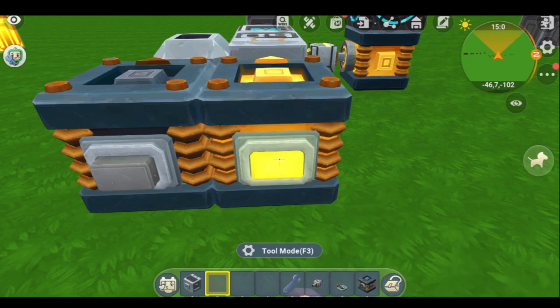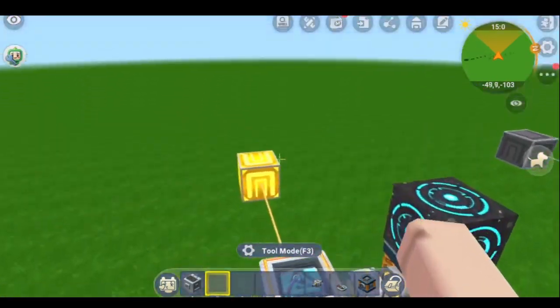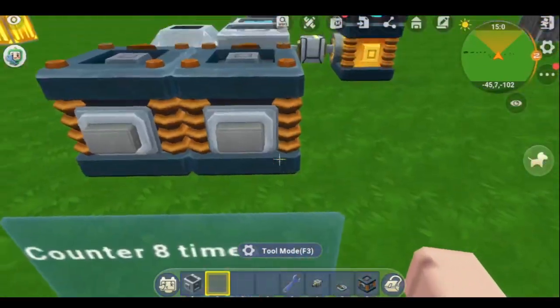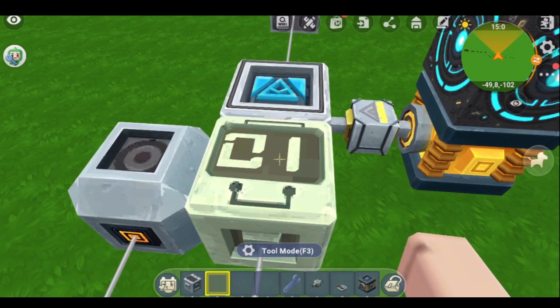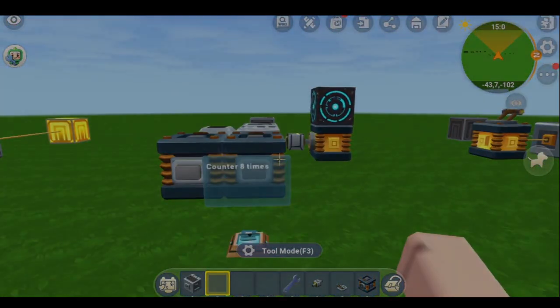Okay, and we are going to do 9 times. And after 9 times, you can click on this button and it's going to turn on the energy in the lamp, okay? If you do it again, nothing is going to happen once more because we need to have more than 8 times this activated to let the energy activate the lamp in the background.